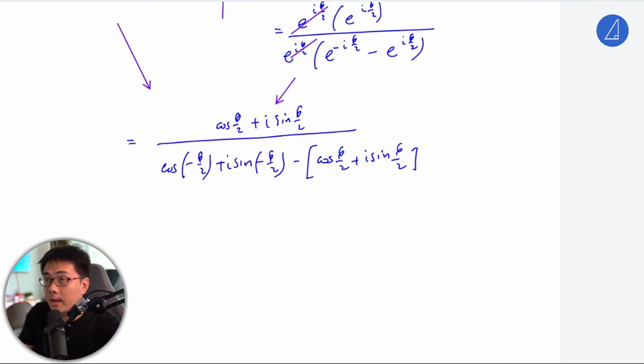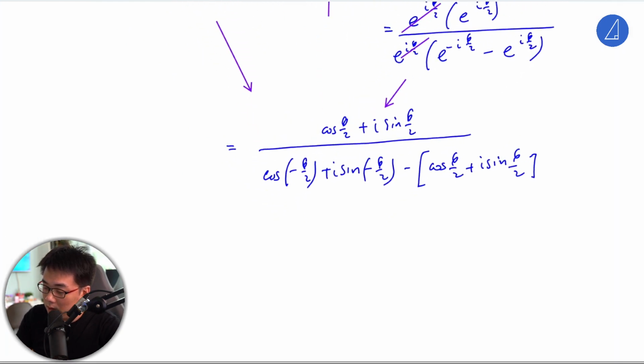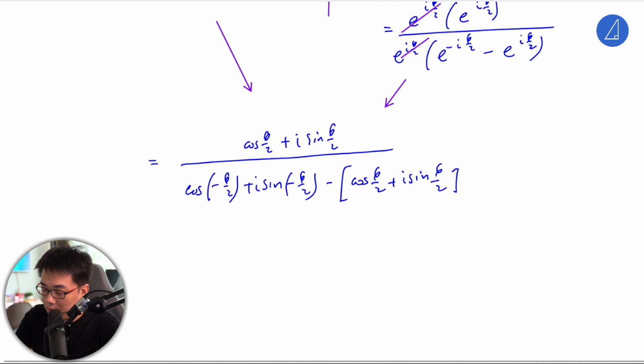In this case we're going to use the identity: cosine of negative theta over 2, cosine will just absorb the negative, and sine of negative theta over 2 will just be negative sine theta over 2.